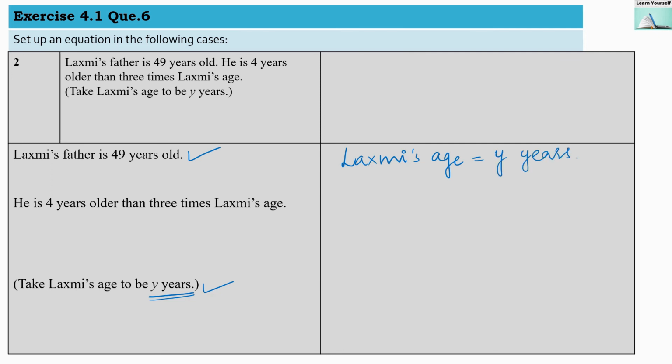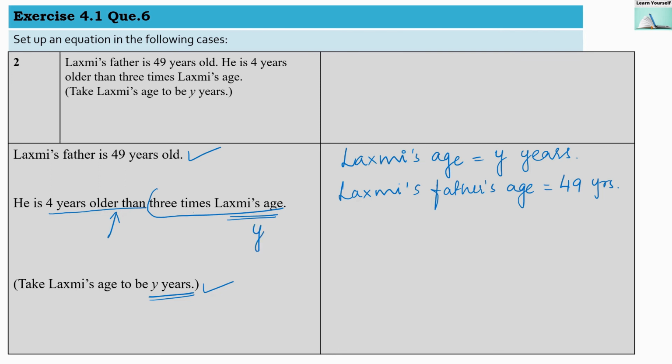We know that Lakshmi's father's age is 49 years. Now we have to make an equation for this Lakshmi's father's age. That is what they have given the detail in this statement, that he is 4 years older than 3 times Lakshmi's age. Now what is Lakshmi's age? Lakshmi's age here is y.